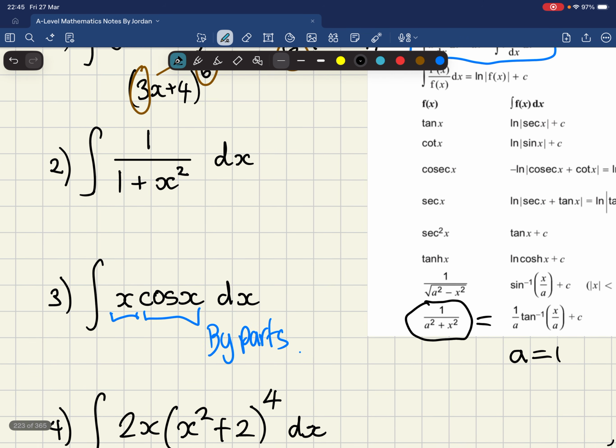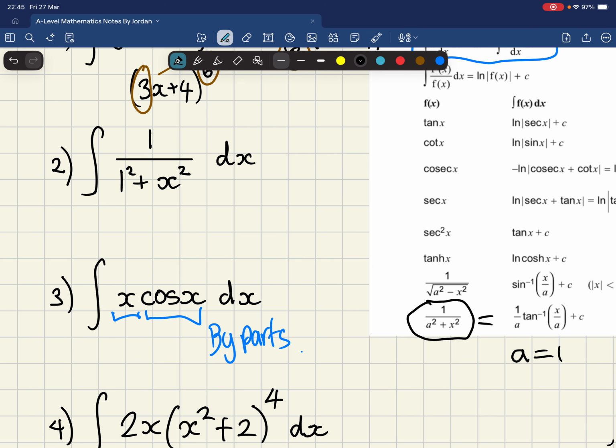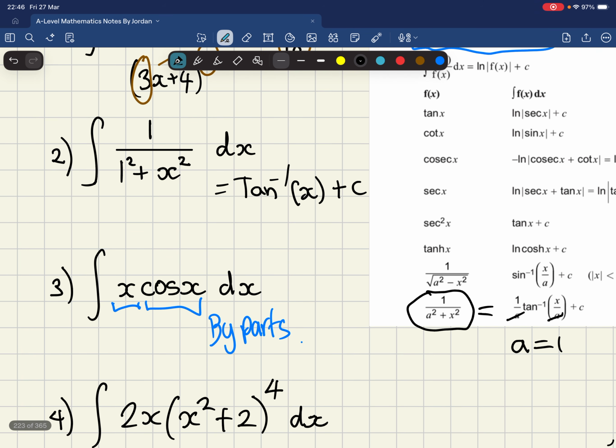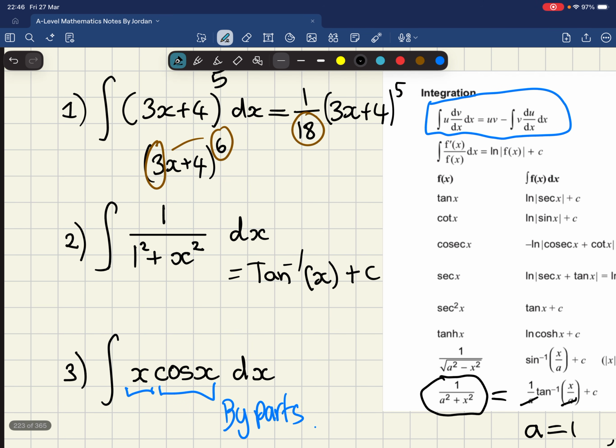So if you think about it, you could think of that as a 1 squared. So in fact, a equals 1. And if that's the case, then it just simplifies to the inverse tan of x. So that integral is just the inverse tan of x plus c. Okay. So standard integral, that one.